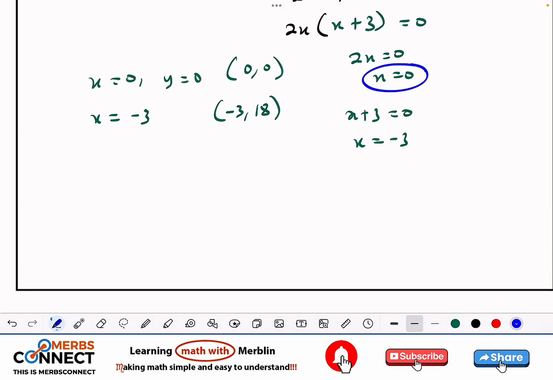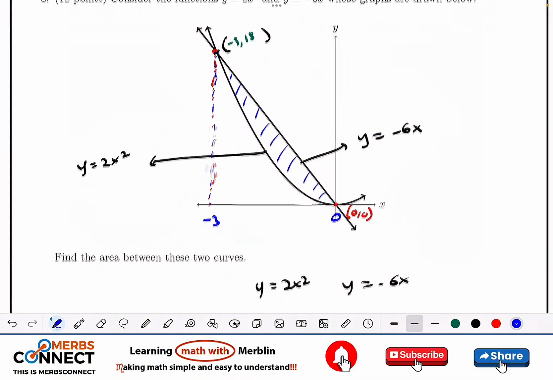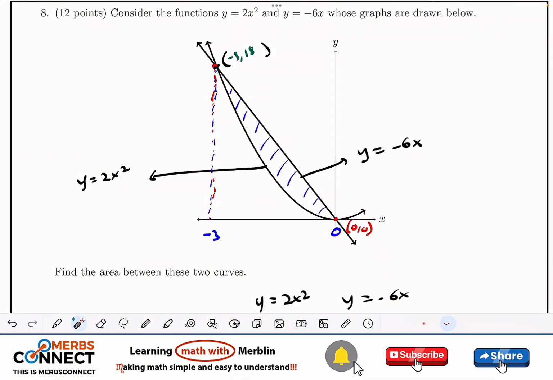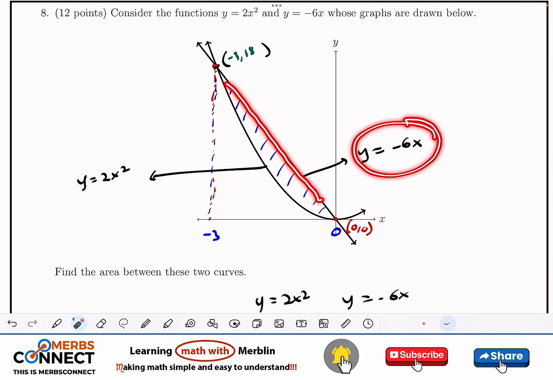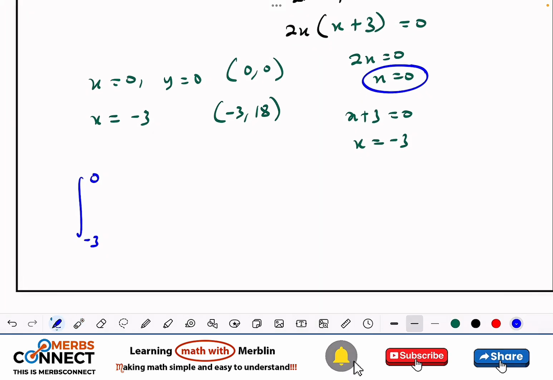So we are going to have integration from minus 3 to 0. And then now we will see that this is on the top. So this one should come first, followed by the one below. So this one is going to be minus 6x minus 2x squared.